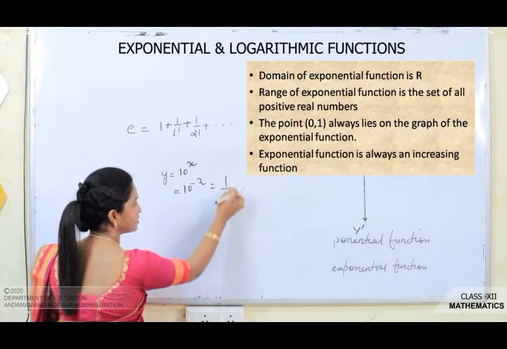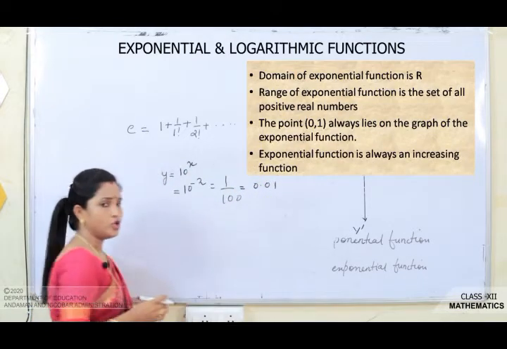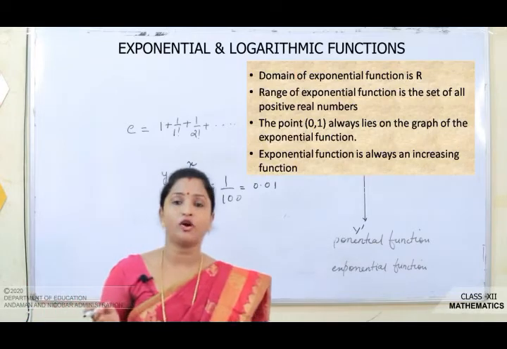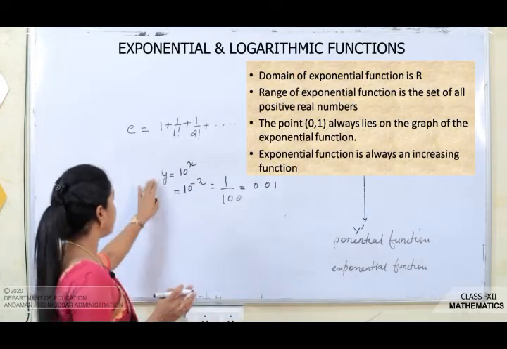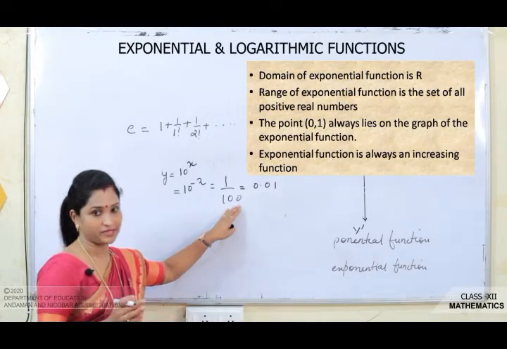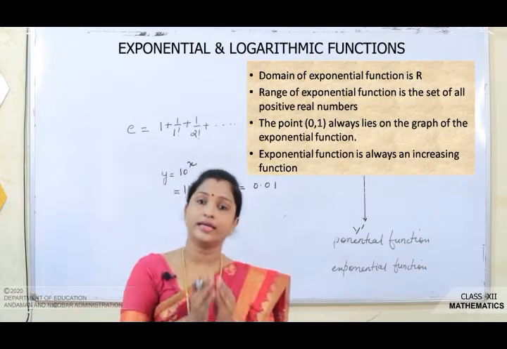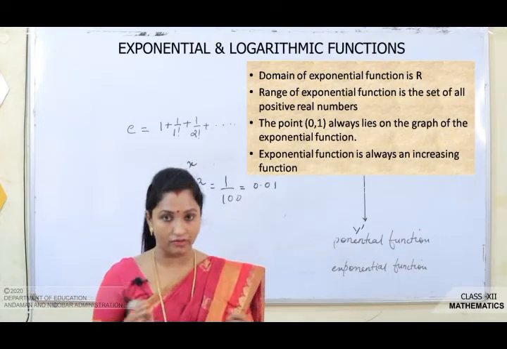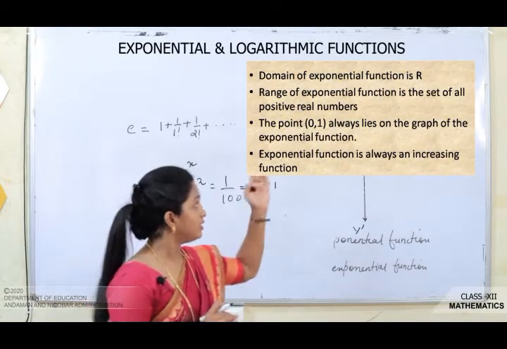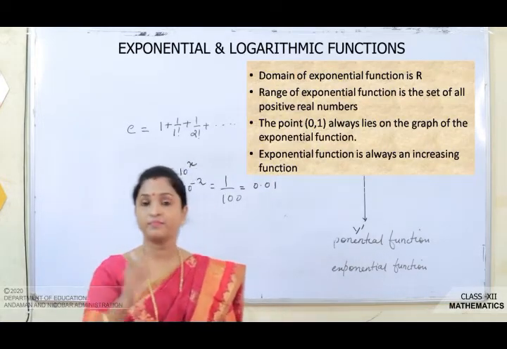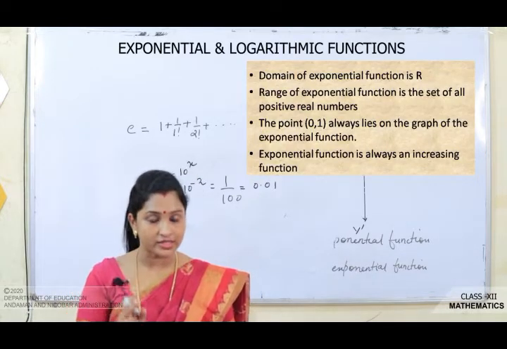So 10 to the power -2 is 1 by 100, which is 0.01, again positive. So for any negative value of x, or any large value of x you take, you are going to get the value of y as always positive. It will always be positive, very close to zero certainly, but not negative. So you can say that the domain of the exponential function is always the set of all real numbers and the range is always the set of all positive real numbers.